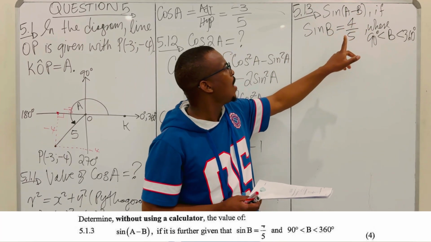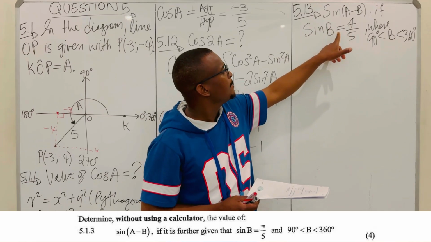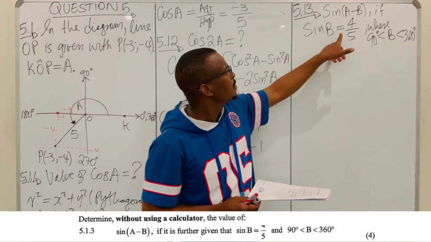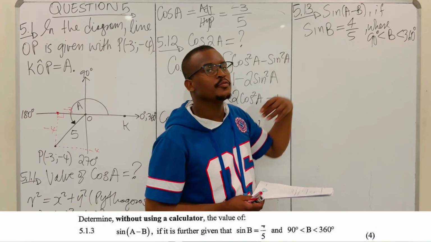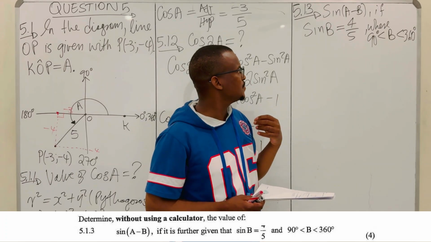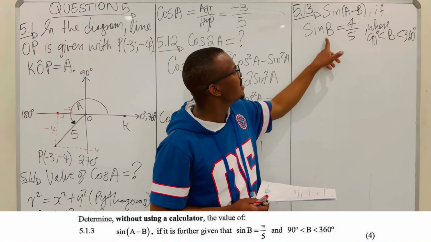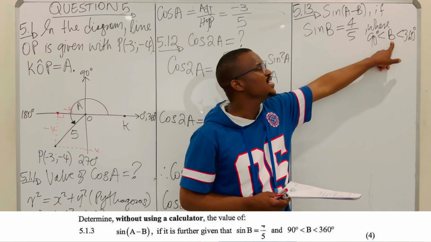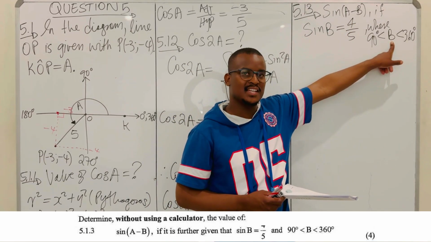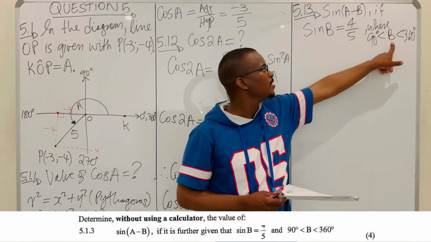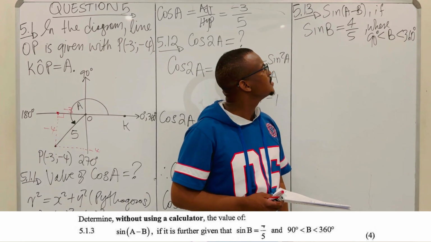They wanted to find the value of sine A minus B, if it is given that your sine B is equal to 4 over 5 and your B is more than 90 but less than 360. That's what you're given. So how do we go about this?